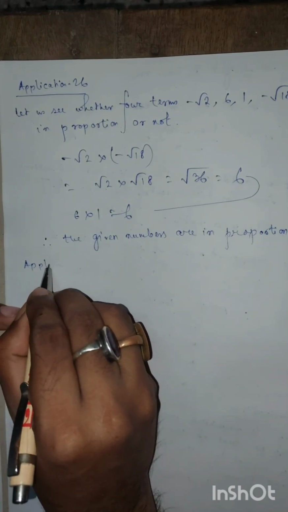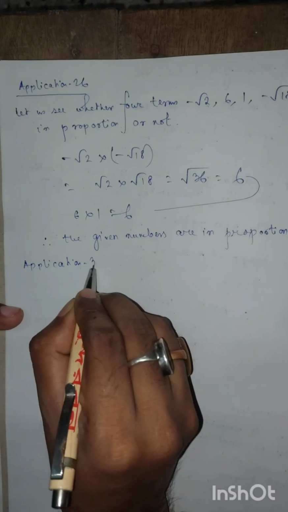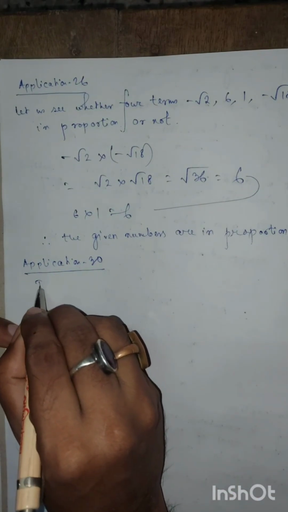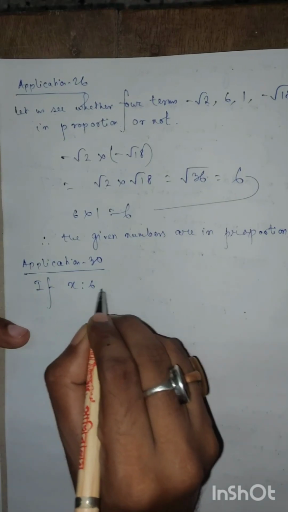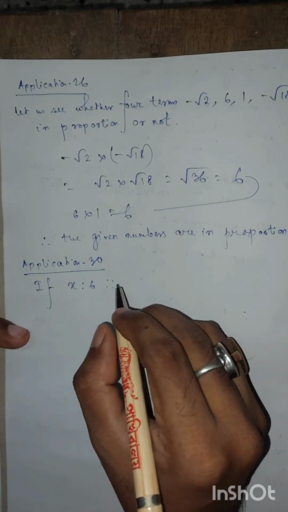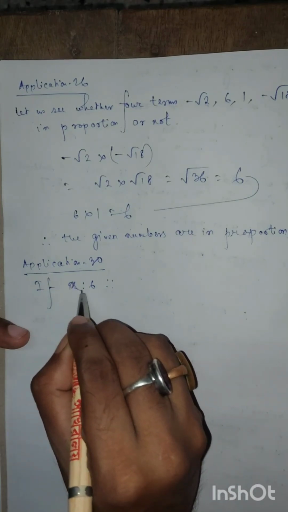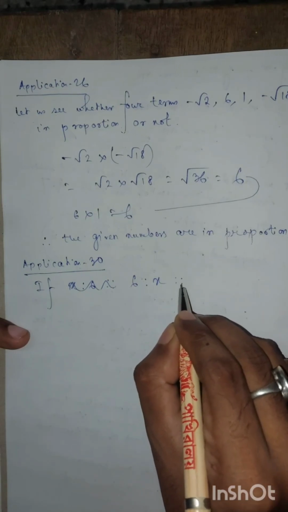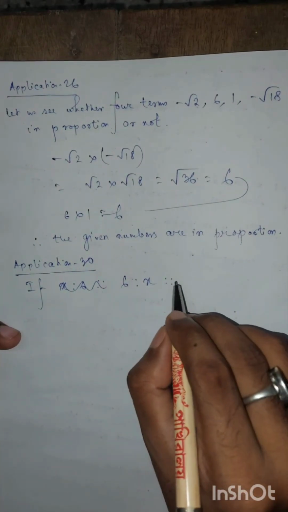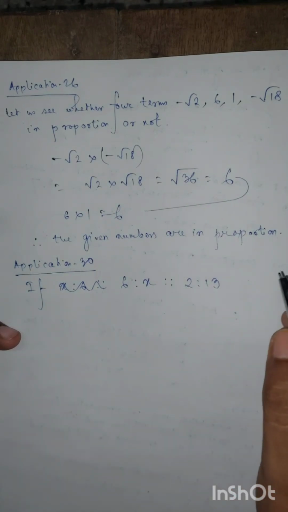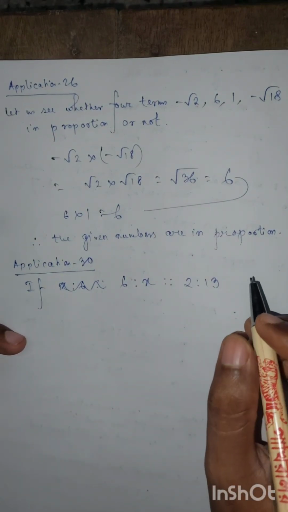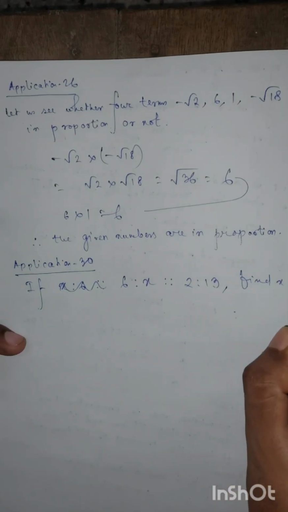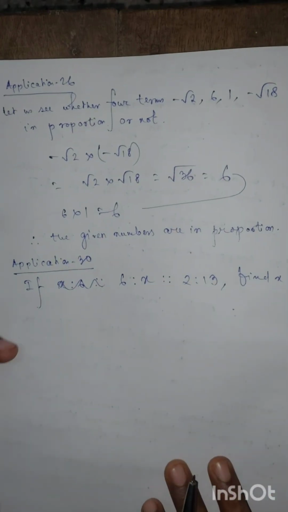It says, if 6 is to x is proportional to 2 is to 13, then let us write by calculating the value of x. Okay, find x. This is what the question says.